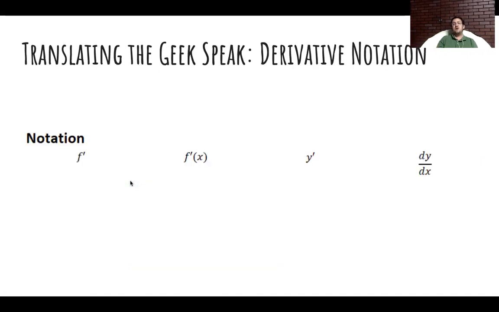So just to let you know here with the derivative, all of these things here mean derivative. So if you see these, we are referring to the derivative. And there's actually a whole battle of notation.